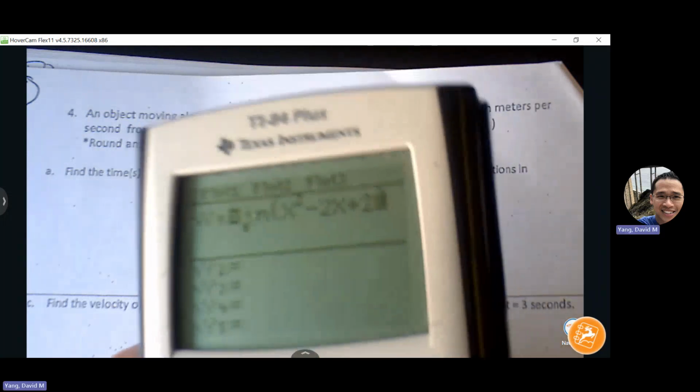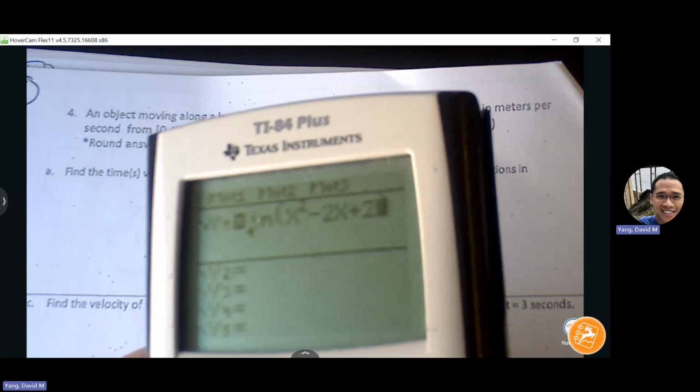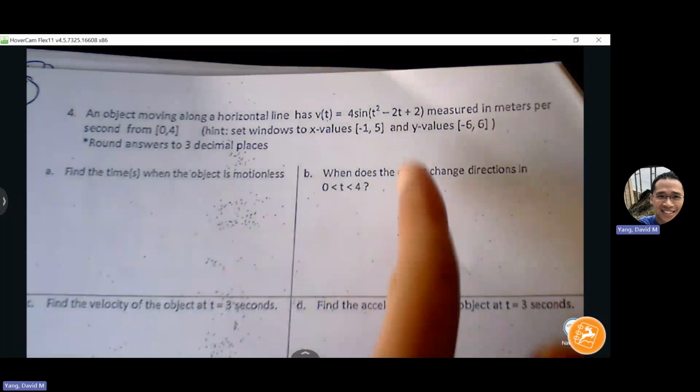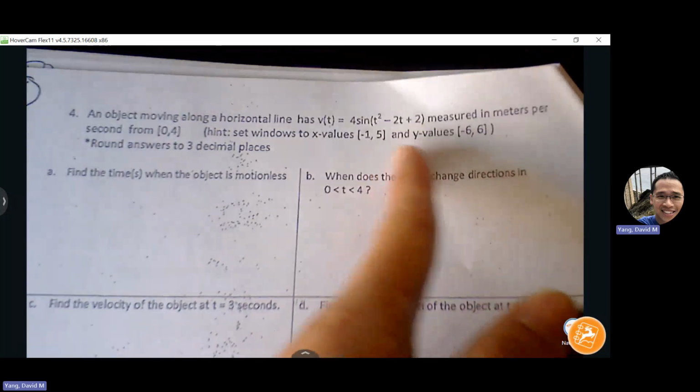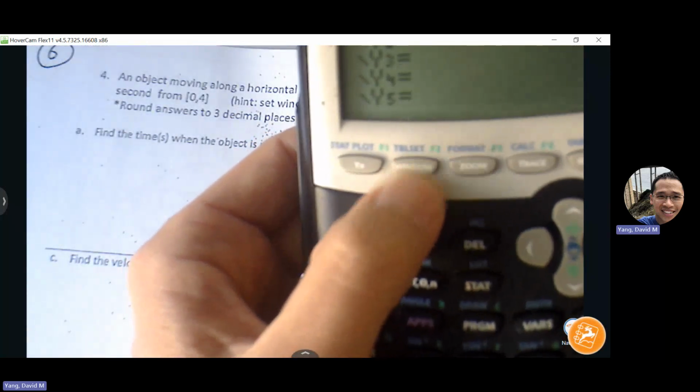I want to show you 2 ways to get the graph to show the portion that you want to see. But for right now, let's just follow whatever they say. We're going to adjust the window here. So go to window, this button here next to y equals.